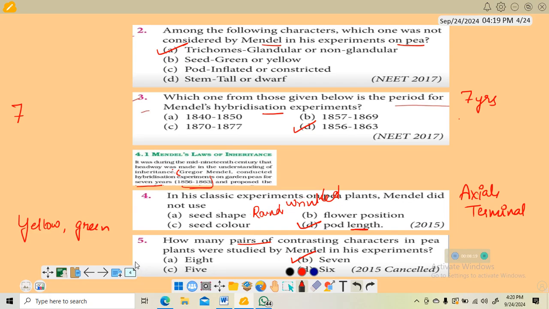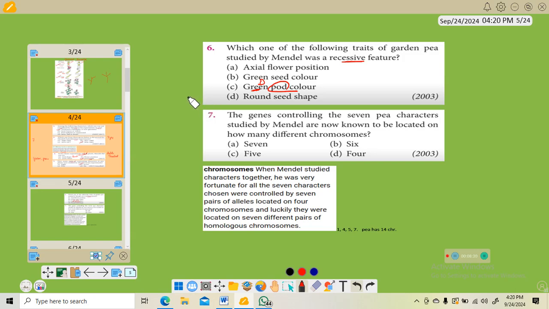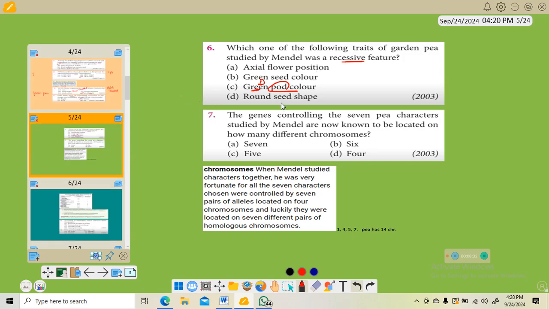Now coming to the question. Round is dominant, then axial is also dominant.